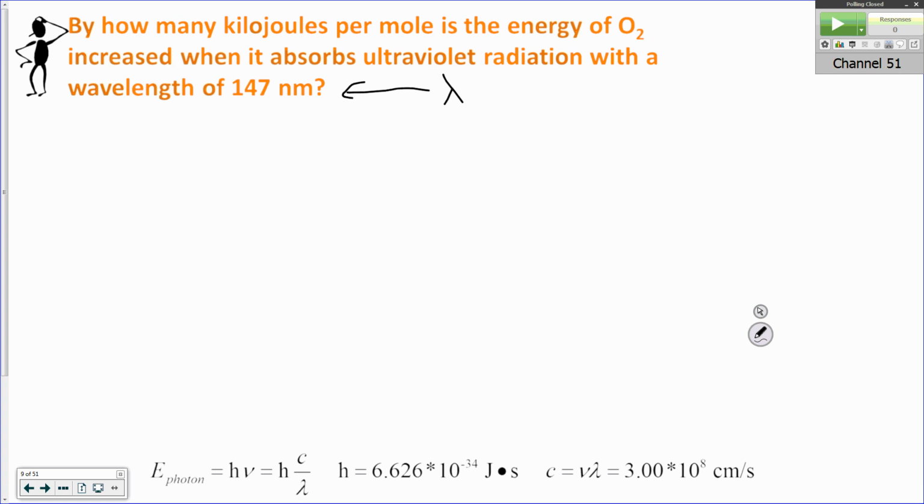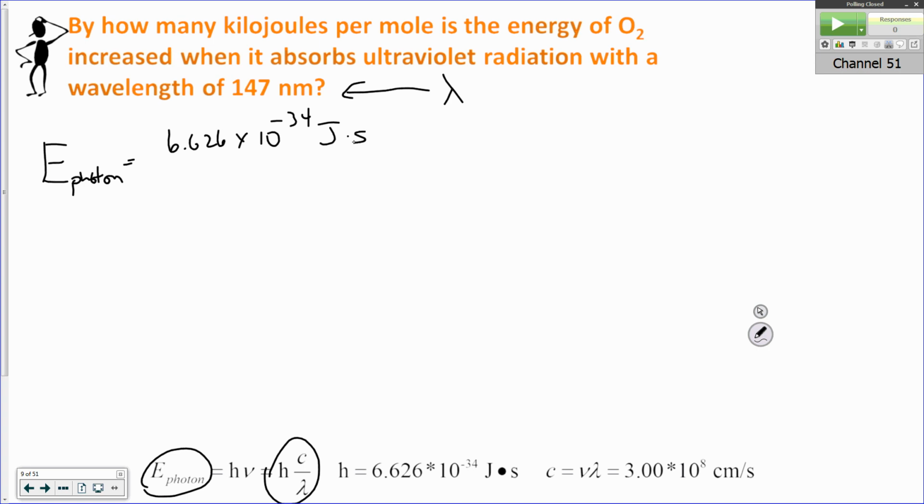So the equation that I'm going to use calculates the energy of a photon. The E of a photon is equal to h times the speed of light divided by lambda, and I can just start plugging in and cranking out. So the energy of a photon is equal to Planck's constant, 6.626 times 10 to the minus 34th joule seconds.